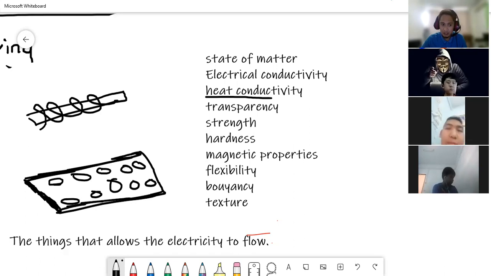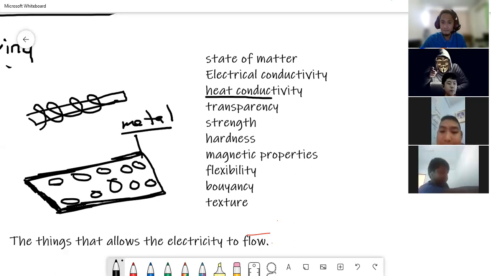Because this one is metal. So the metal is a heat conductor. That's why we use mittens to hold that one so that the heat will not go to our hands.